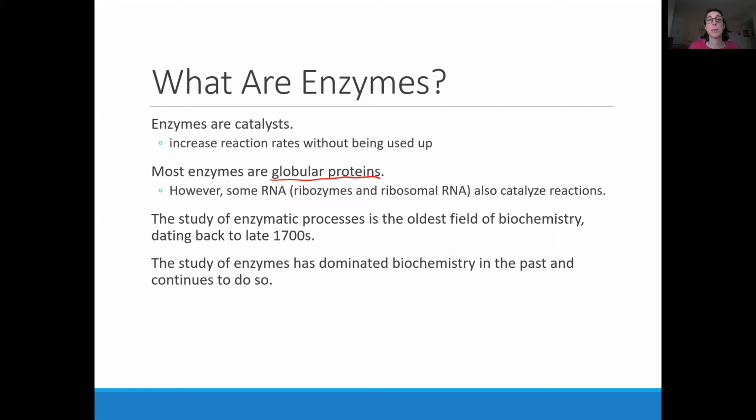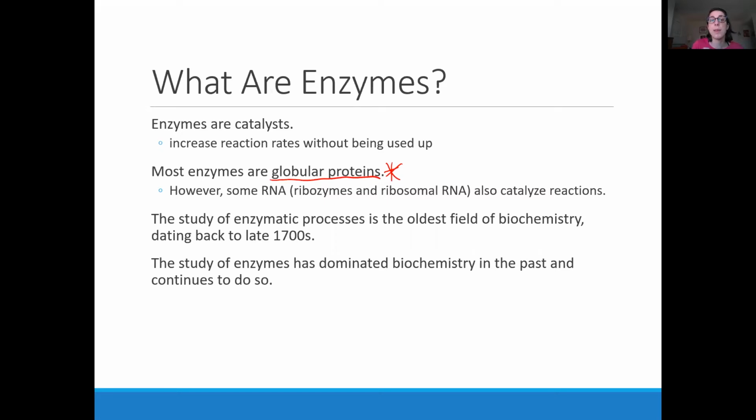Globular proteins are proteins that have generally a mixture of structures, motifs, and they also can have areas that have no secondary structure. So remember, we can have those unstructured regions of globular proteins. So again, review the difference between those two types of proteins. And remember that most of the time, enzymes are going to be globular. So they have these diverse regions on them.